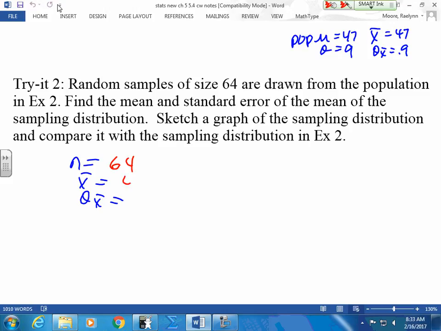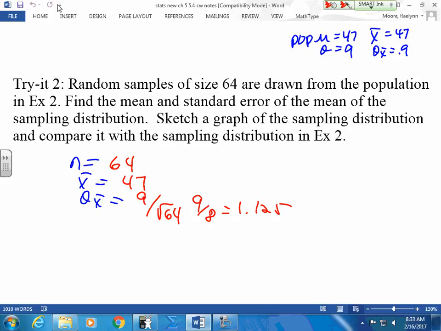Still 47. And my standard deviation for my sample would be what? So it's 9 over the square root of 64. So 1 point something, 1.125. Okay. So it's still smaller.